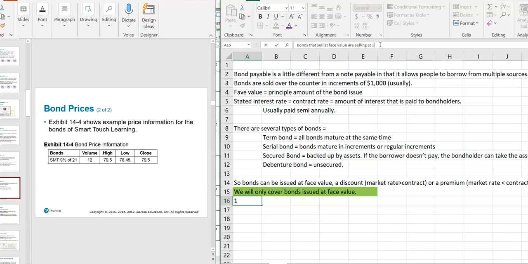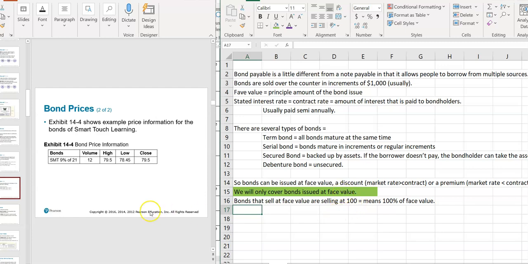That means 100% of face value. If they sell for less than 100, then that means they're selling at a discount. If they sell for more than 100, that means they're selling at a premium. Remember that this is always a percentage of face value.